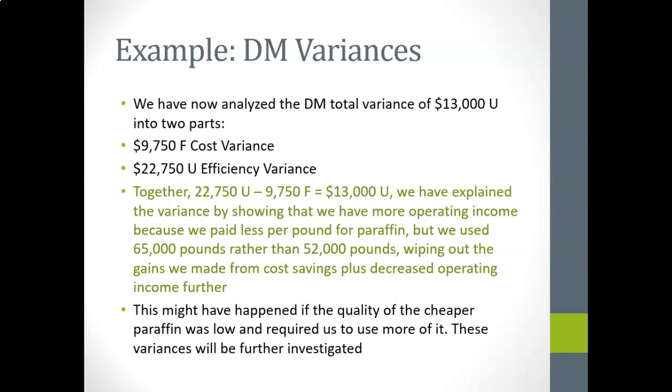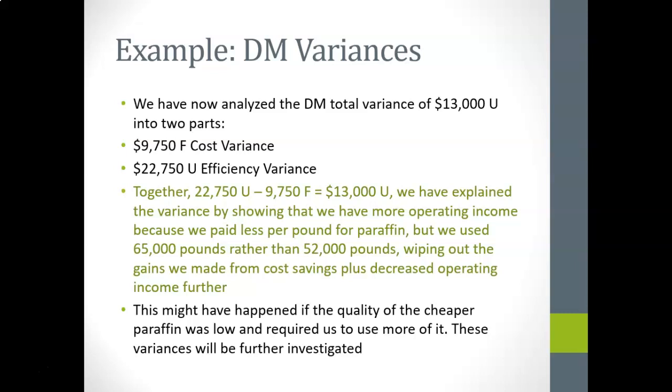We have explained the variance by showing that we have more operating income because we paid less per pound for paraffin, but we used 65,000 pounds rather than 52,000 pounds. We wiped out the gains that we made from the cost savings, plus we also decreased operating income even further.